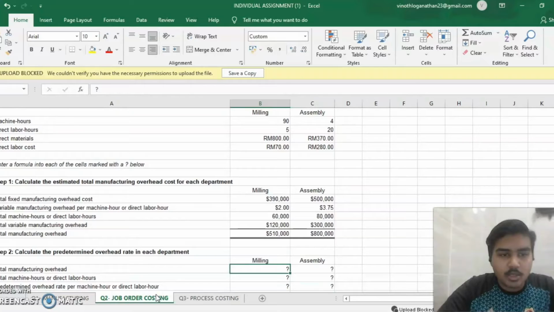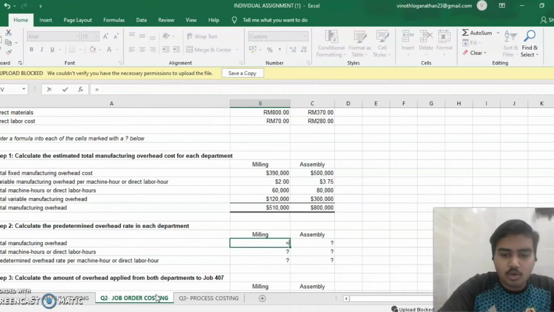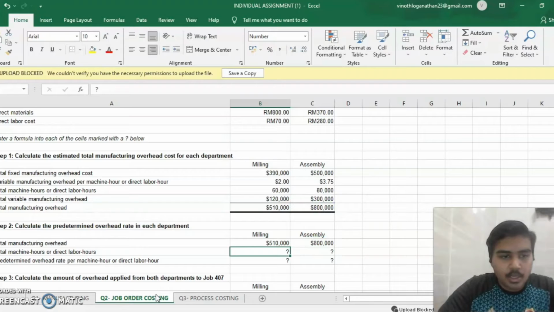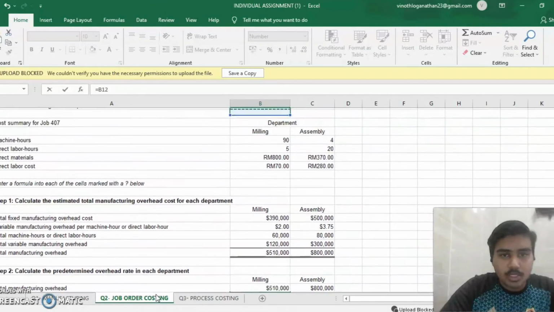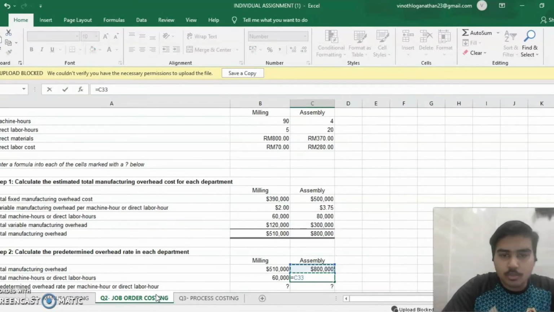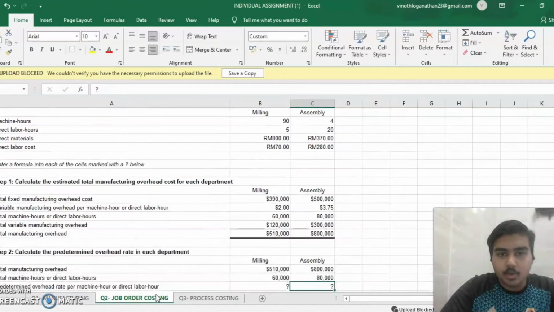Next, we go for the predetermined overhead for each department. So total manufacturing overhead is already up here. Total manufacturing overhead. The assembly should be the same. And then we go for total machine hours, which was the same as above, which was 60,000. So we copy this top, and then here should be 80,000, 30,000.